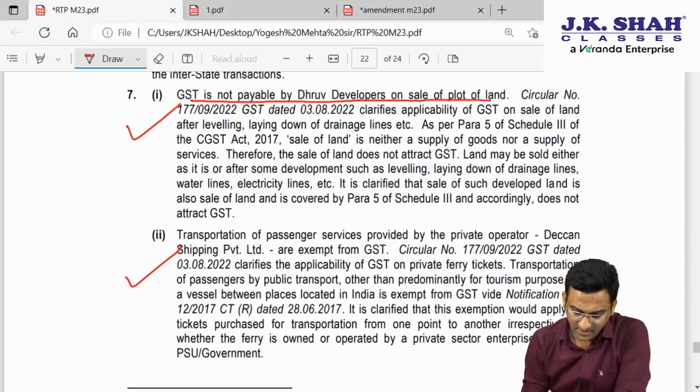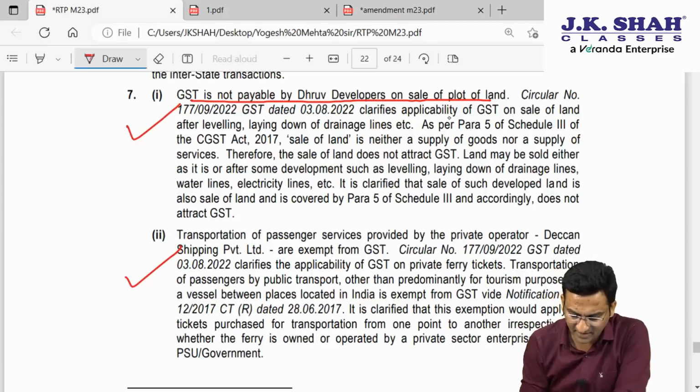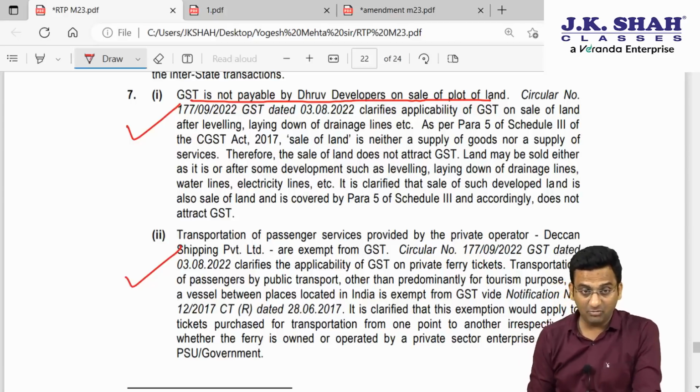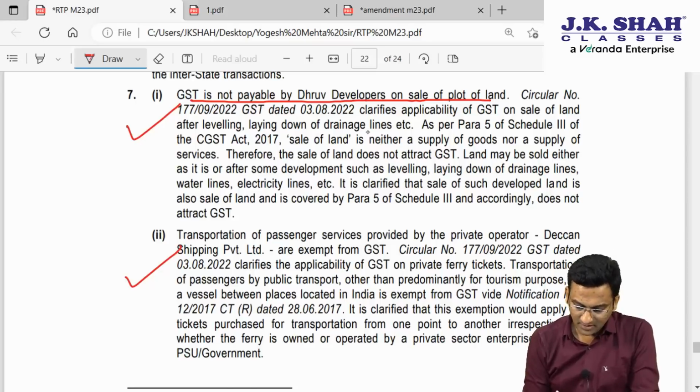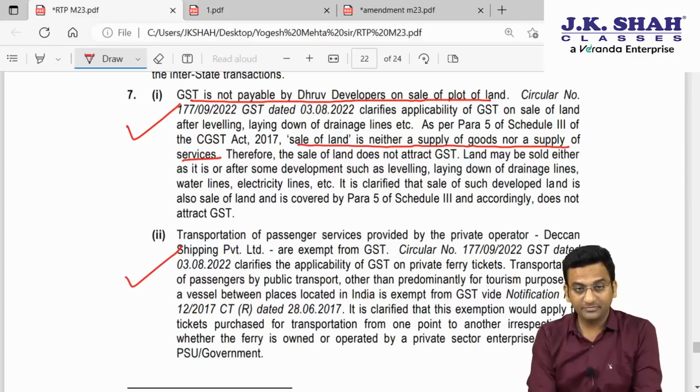This we had done. The circular clarifies the applicability of GST on sale of land after leveling, circular number 177/9/2022. We do not need to write all this. So the circular clarifies the applicability of GST on sale of land after laying down of the drainage lines, etc. As per para 5 of Schedule 3 of the CGST Act, sale of land is neither a supply of goods nor a supply of service.